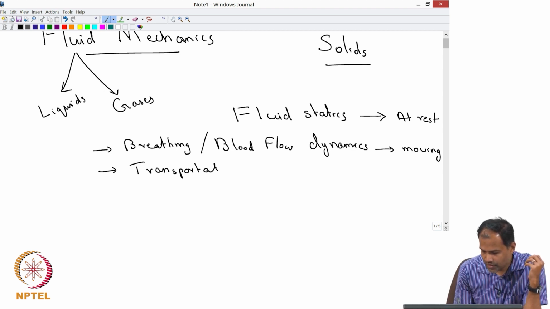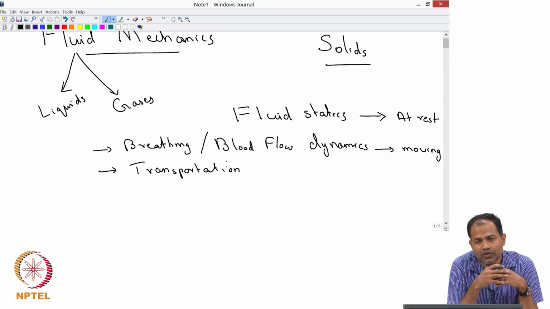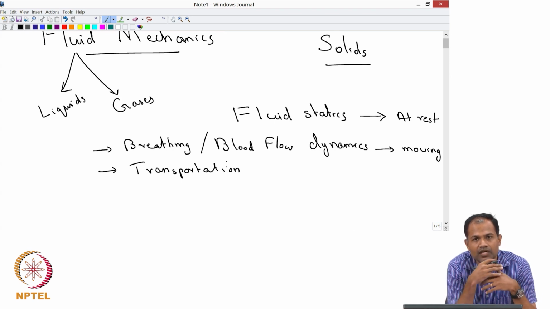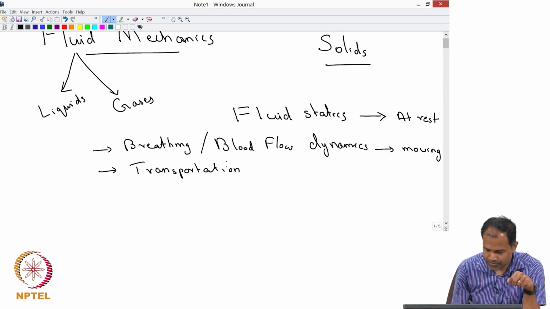For example, if it is air transportation, aeroplanes or ships, or even a racing car, all of them move in a fluid. It would be either water or air, and whenever these things are moving in that particular fluid, it basically experiences a drag force, a resistance to motion. So, that is where fluid mechanics comes into the picture.